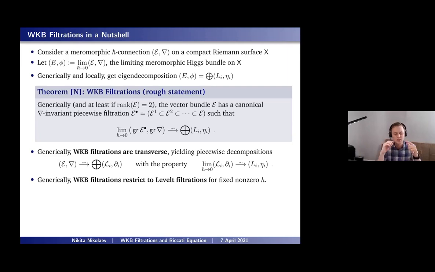But basically, what happens is if you have a meromorphic connection and you study its space of flat sections near a pole, and you take your flat sections and you start parallel transporting them into the pole, then these flat sections, because this is a singular point for the equation, experience various growth behavior.